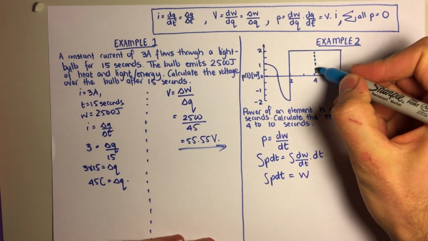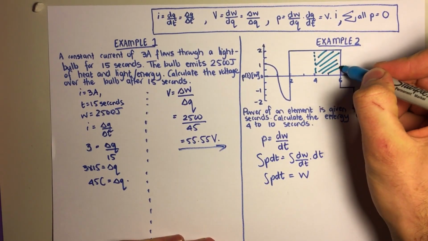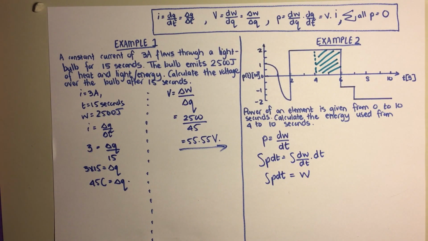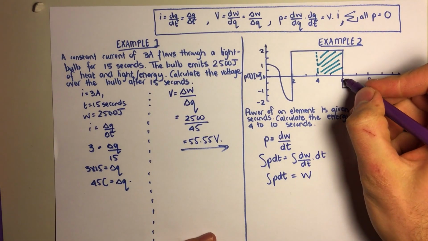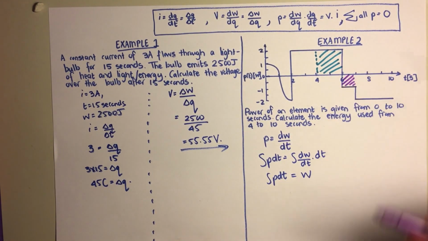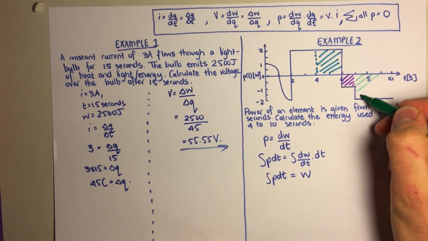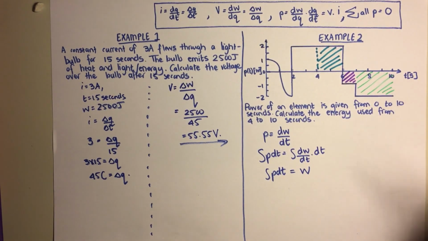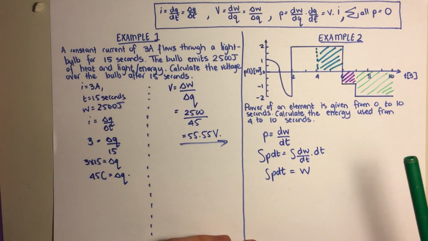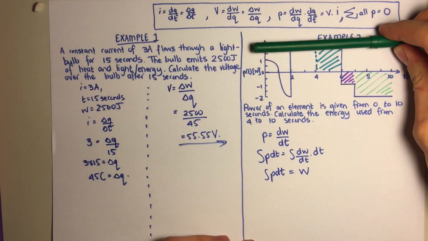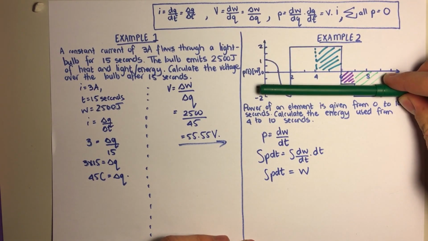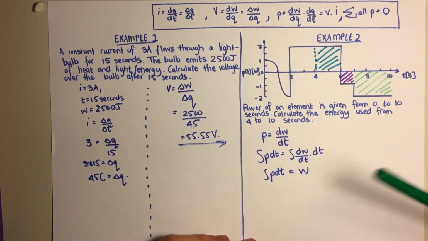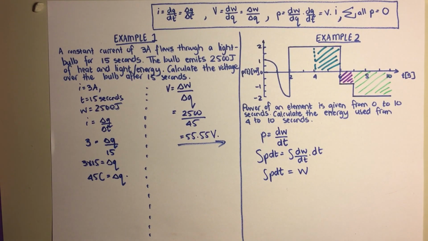I'm going to add this area to this area to this area here. And the reason I'm doing them in different colors is because the power magnitudes differ, so it'll just be easier to add them in the end.